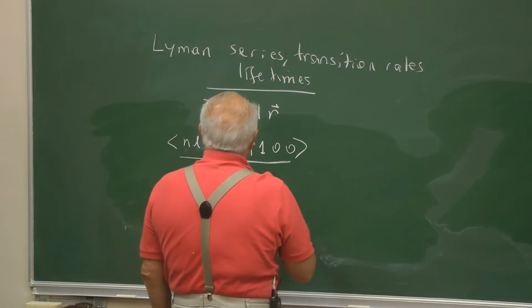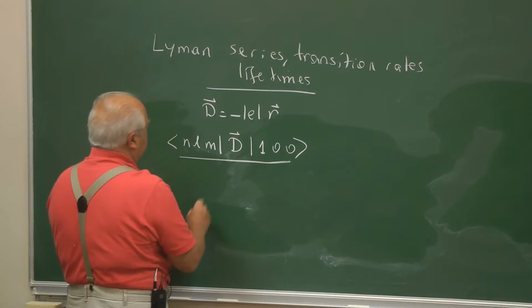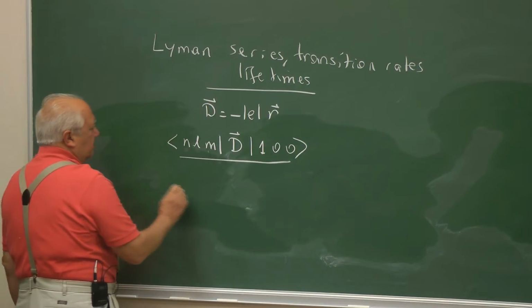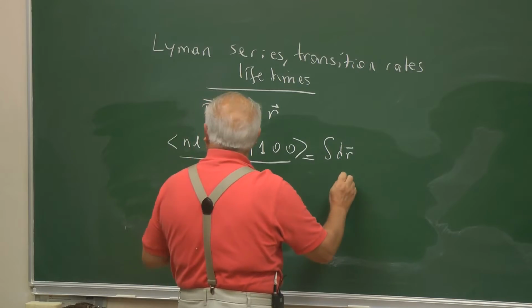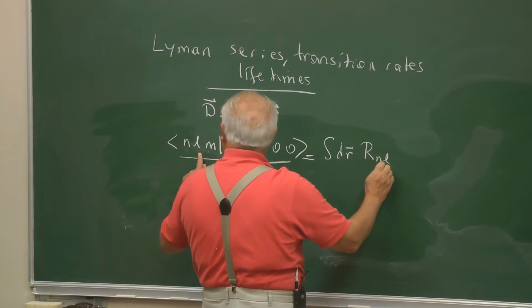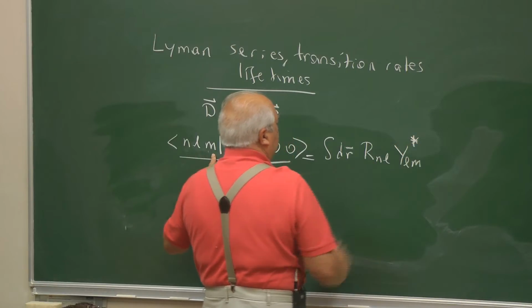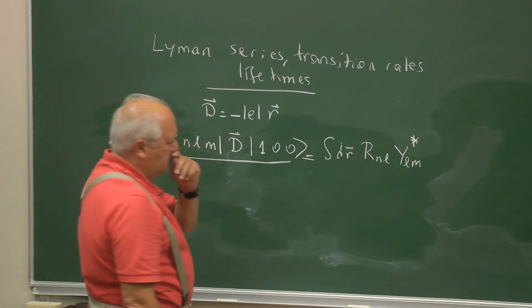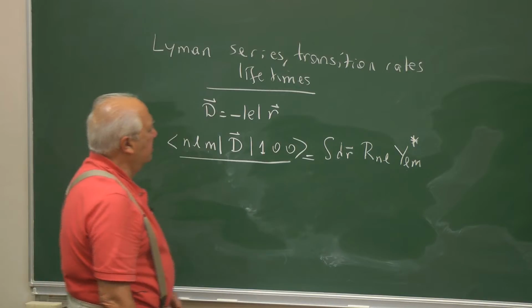Let me write the r operator. This is equal to the integral of dr, R_{nL}, the radial part, times the angular part. The radial parts, as we computed before, were real. So that's the spherical harmonic.